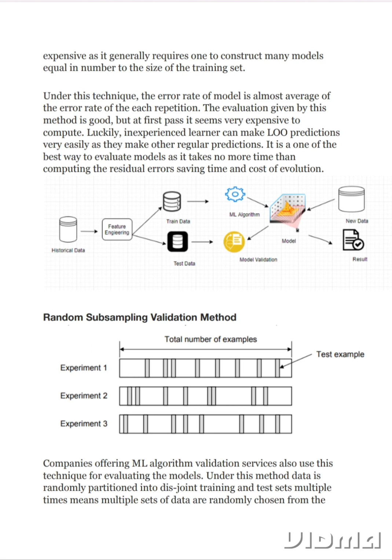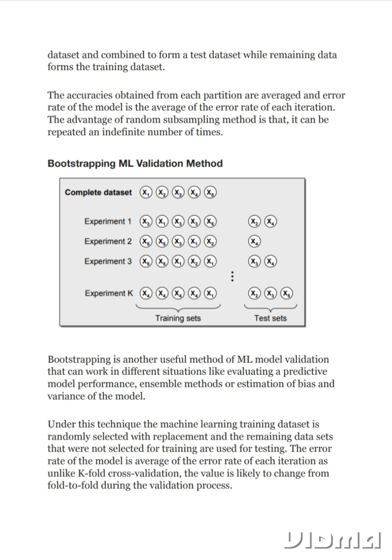Random subsampling validation method. Companies offering machine learning algorithm validation services also use this technique for evaluating the models. Under this method, data is randomly partitioned into disjoint training and test sets multiple times, meaning multiple sets of data are randomly chosen from a dataset and combined to form a test dataset, while the remaining data forms the training dataset.